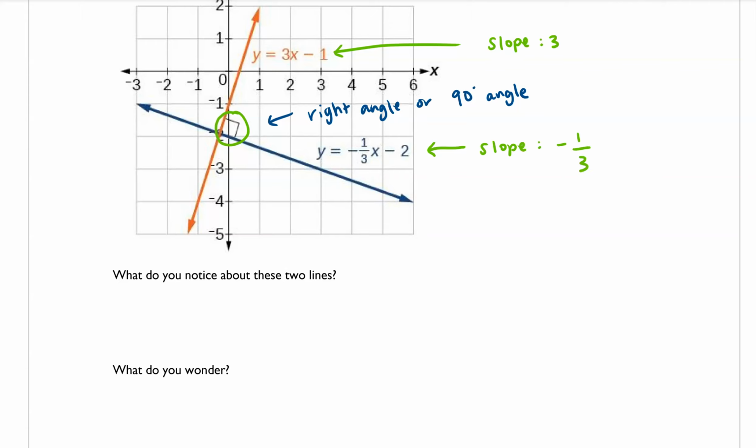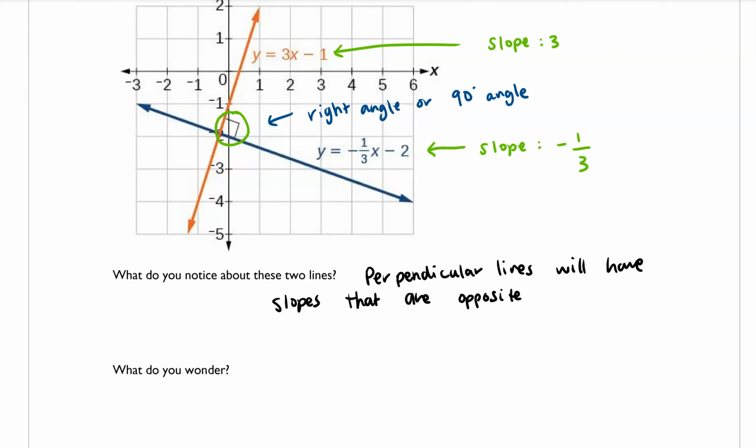So what do you wonder? Well, perpendicular lines will have slopes that are opposite reciprocals of each other.